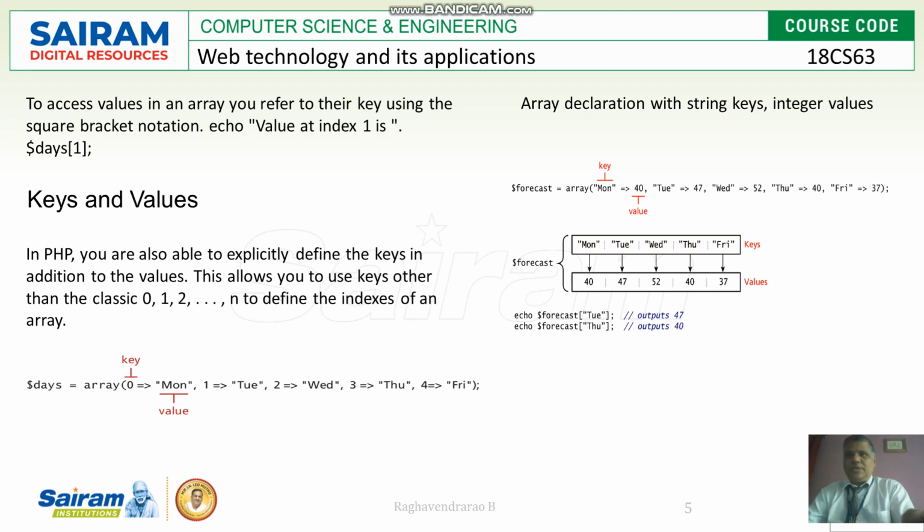Here 0, 1, 2, 3 is the indexing. So for example, if you define $days is equals to array bracket 0, then this particular format, equals to greater than symbol, you use Monday as the value and 0 as the key. So like that you can define it. It is possible to define like this, and at the end the semicolon is a must.